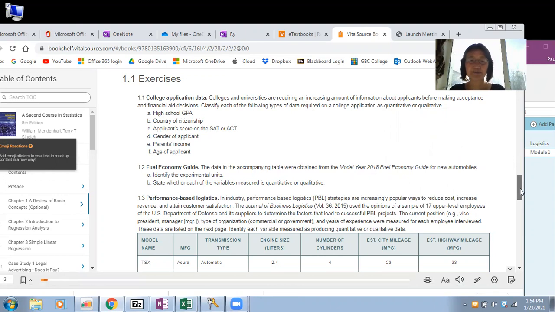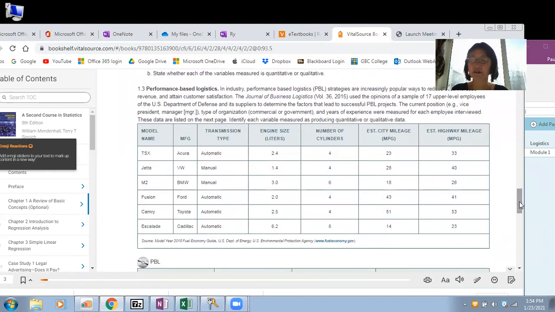Now next one, question 1.3. You can read over the description here.